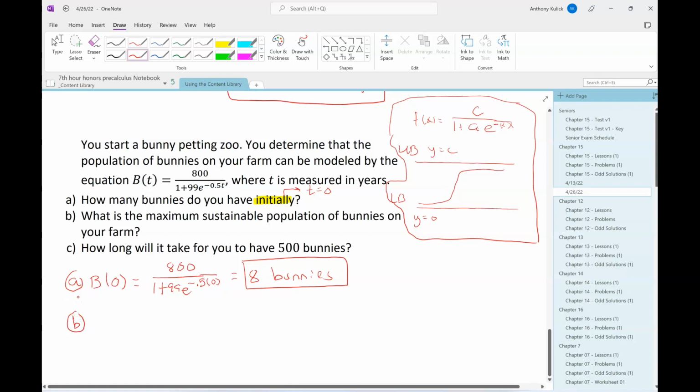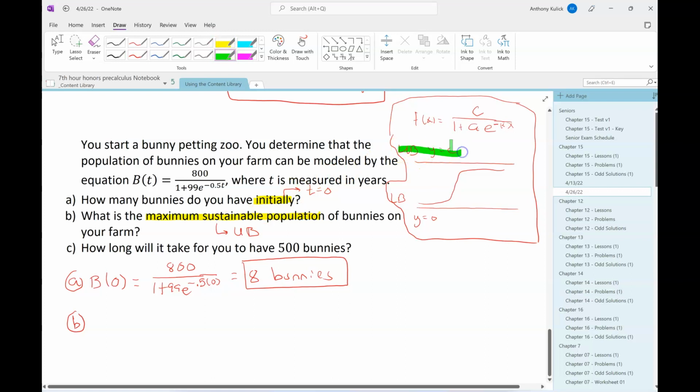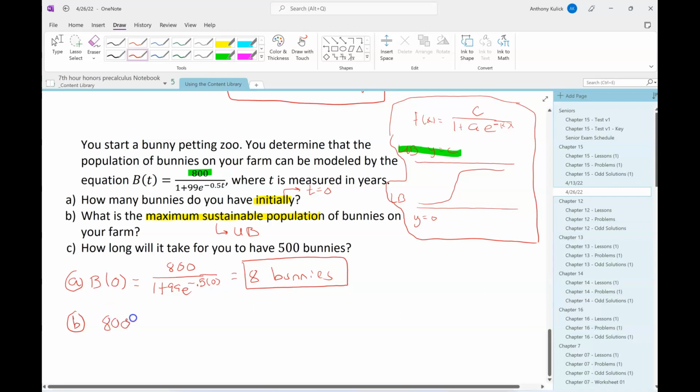Part B asks for the maximum sustainable population. Really, that's just the upper bound. So in this case, we know the upper bound is y equals c. The c in our case is 800, so we just have 800 bunnies. I didn't do any math there.